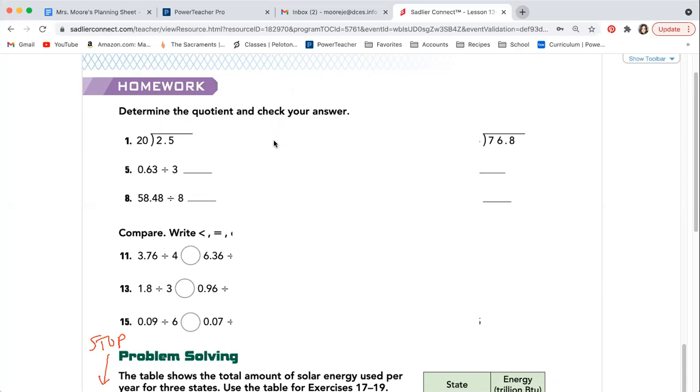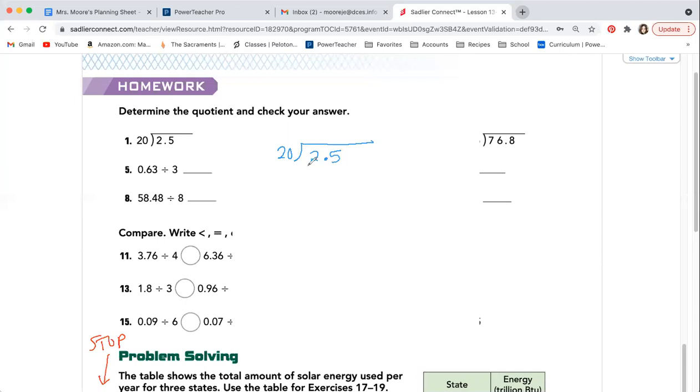Okay, number 1, we've got 20 out front as your divisor, and then 2 and 5/10 as your dividend. Tell me, coach me, what's first?